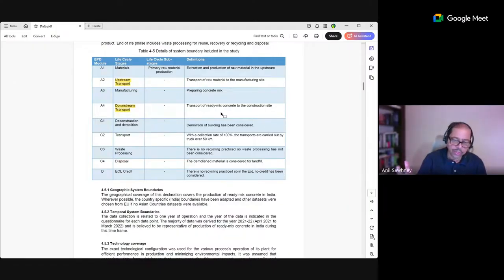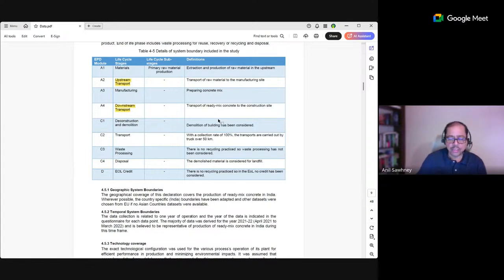They can use an average distance. They do mention 50 kilometers, but that's for the transportation of the waste, when you demolish that concrete and send it for maybe C&D waste. So it's unclear in this particular EPD what distance they have used in calculating A4.